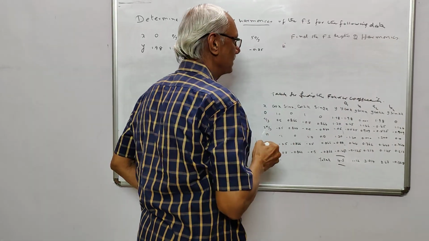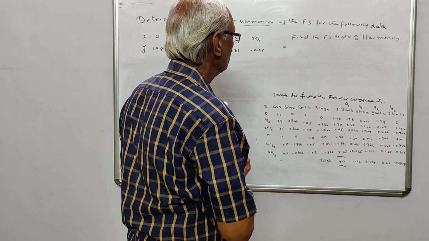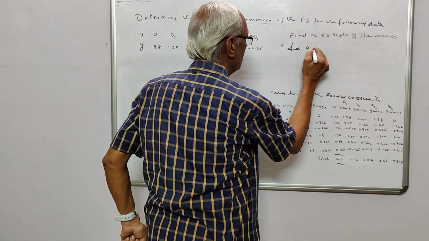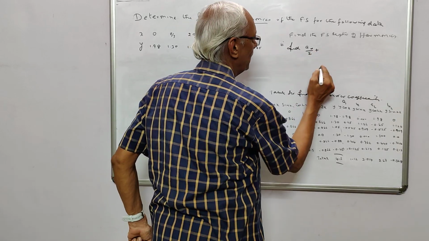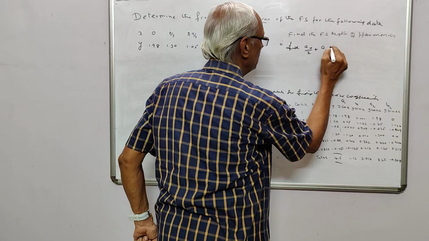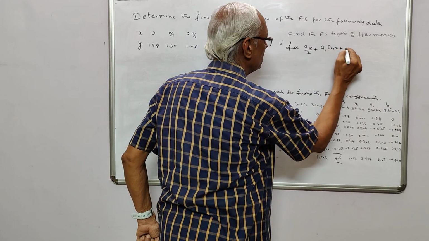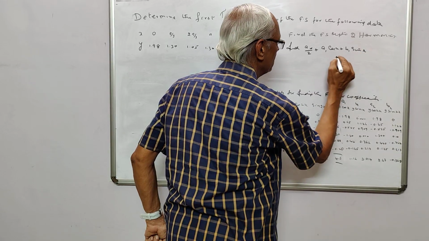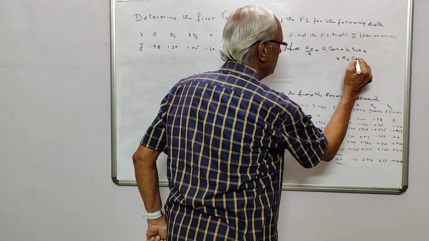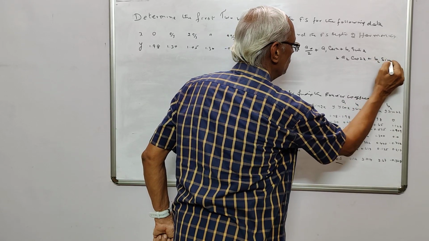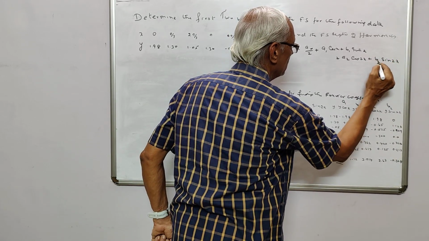That is, find a0 by 2 plus a1 cos x plus b1 sin x plus a2 cos 2x plus b2 sin 2x.